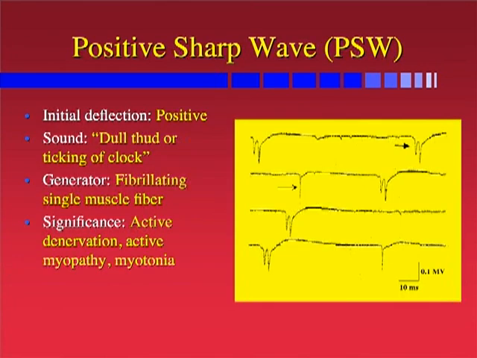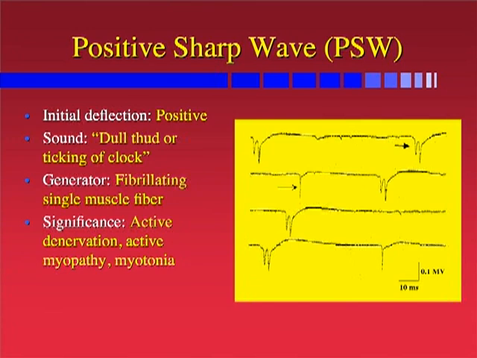Positive sharp waves. Positive sharp waves are characterized by a sharp initial positive deflection followed by a relatively prolonged negative slope and typical dull thud sound. Positive sharp waves, like fibrillations, are considered to originate from a single fibrillating muscle fiber. The only difference from fibrillations is that they are recorded from an injured area of the fiber and represent injury potentials.